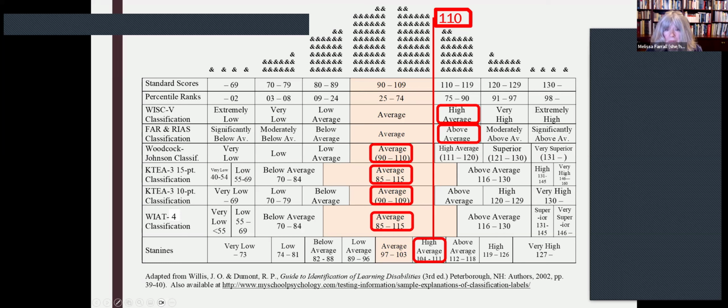And why would you want to be able to know that a scaled score of 10 is equal to a standard score of 100 is equal to a stanine of 5? It makes proofing reports much easier. You can catch errors that other people make. It's kind of like a parlor trick at team meetings.